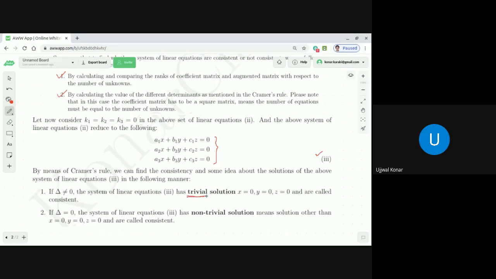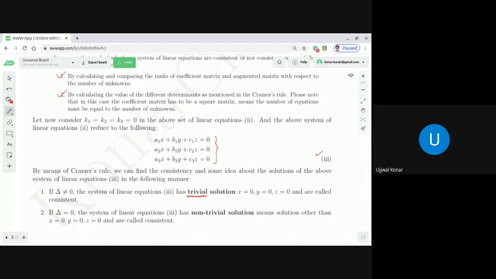Trivial means which is by default possible. It is so simple. Whenever you get the equations a1x plus b1y plus c1z equal to 0, a2x plus b2y plus c2z equal to 0, a3x plus b3y plus c3z equal to 0, where x, y, z are unknowns, one solution that comes to your mind is x equal to 0, y equal to 0, z equal to 0. Obvious, no? For that I need no knowledge of matrices or determinants. Basic common sense, because the right hand side is 0.